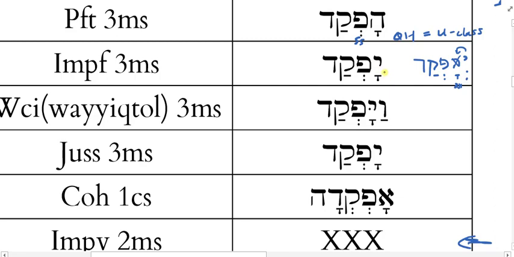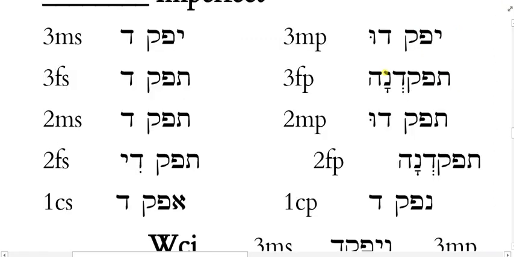Okay? So look at page 2. We'll just do the first side, the left side. So what's the vowel under each prefix in the Hophal imperfect? It's kametz ketuf, right? Yo, to, o. What vowel pointing is under root 1?